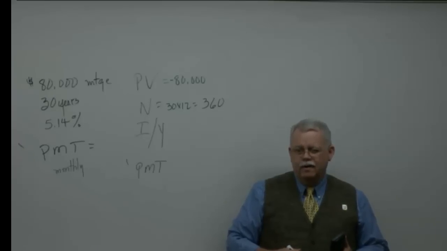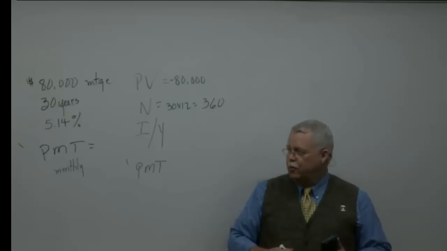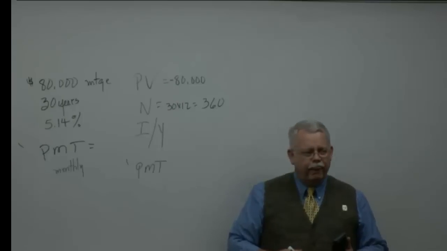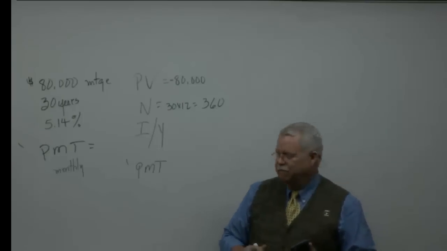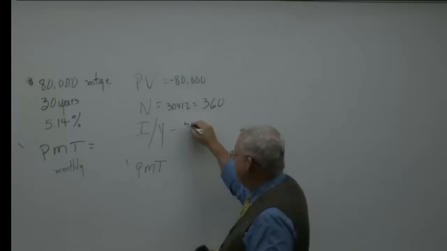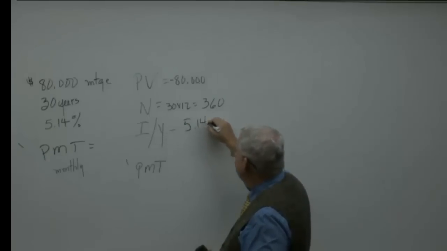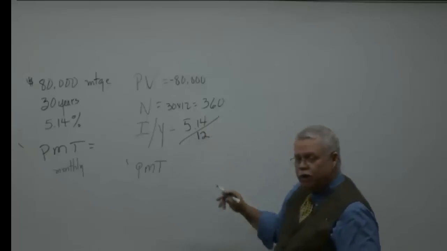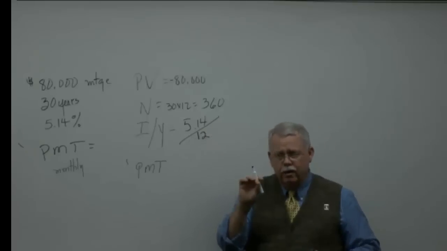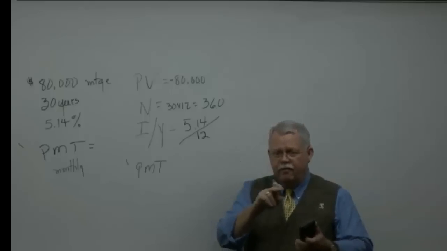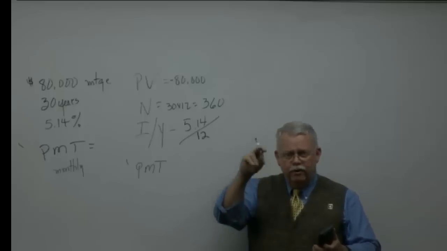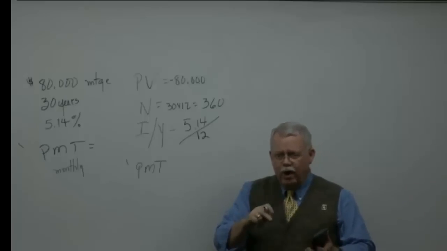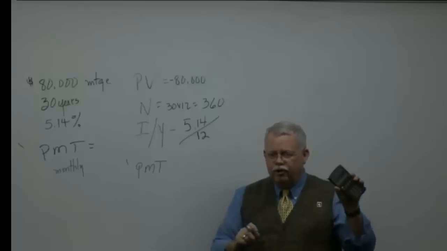What are you going to put in for IY? It's the annual rate, 5.14, but you're paying it 12 times a year, once a month, so you're going to divide by 12. On your calculator, 5.14 divided by 12 equals, and you'll see a number.